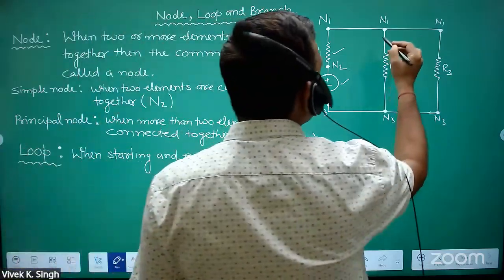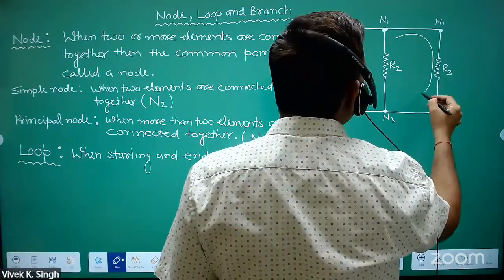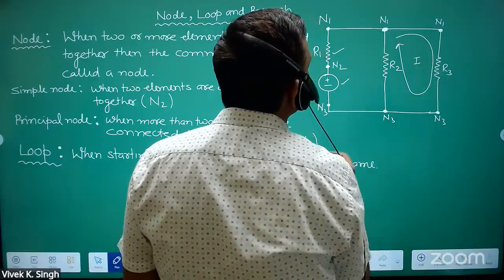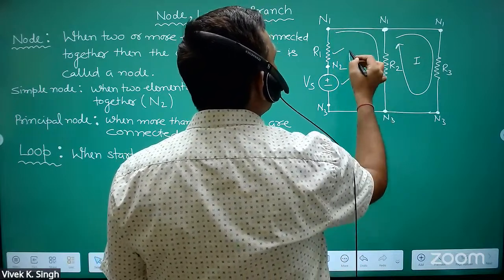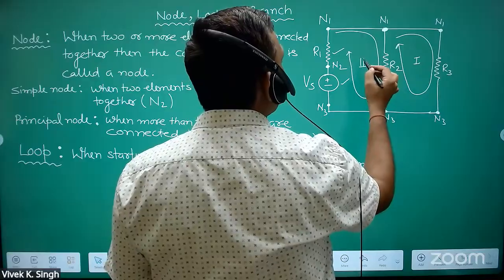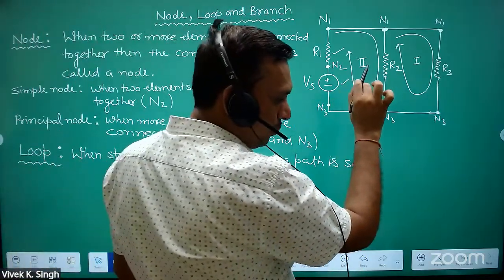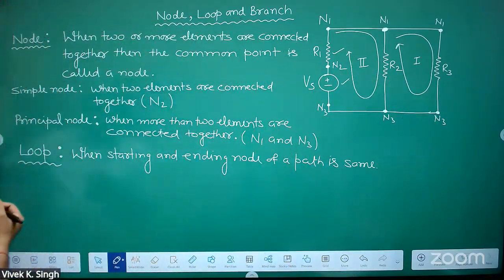For example, let's say this is the starting, you have started with here and then you should end here. So this is one loop. Let's say you have started with here and then you have ended at that point. This is second loop. So when you have started from a particular point and then you have ended at the same point, so that path is called as loop.